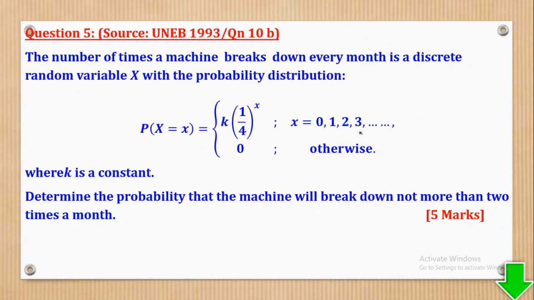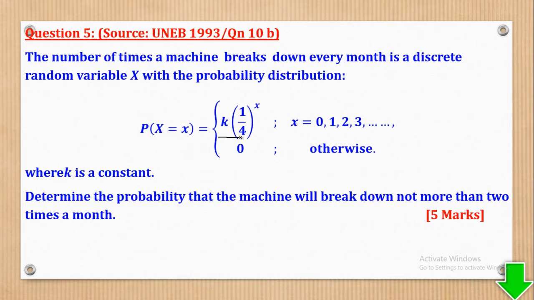So I think what you should realize first is that here we don't have any end value. What does that mean? It means that the values range up to infinity, where k is a constant. So determine the probability that the machine will break down not more than 2 times a month.